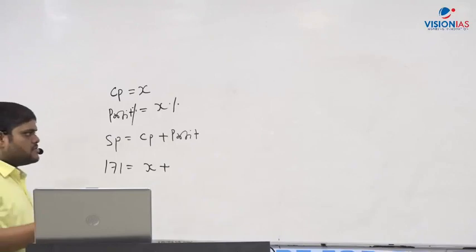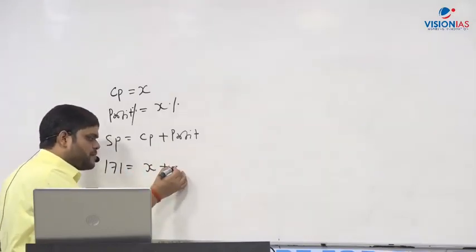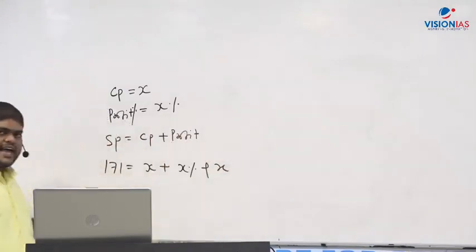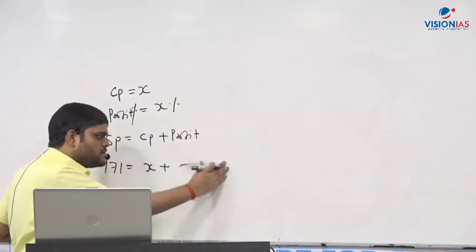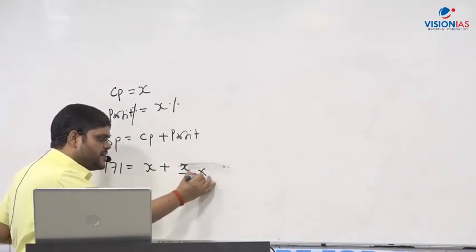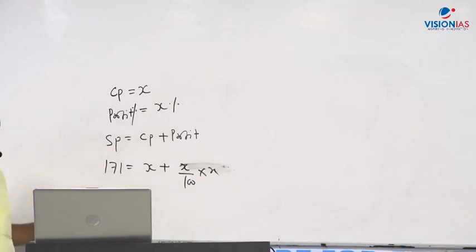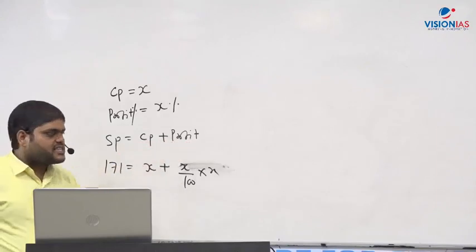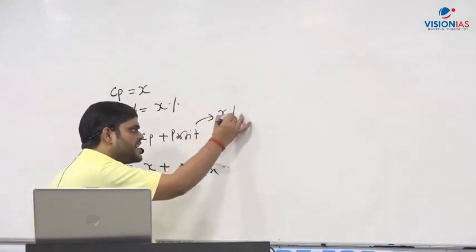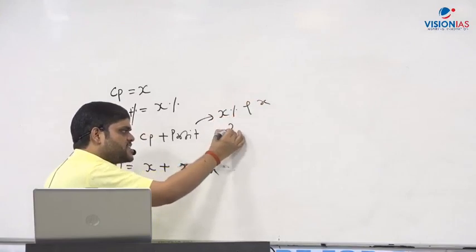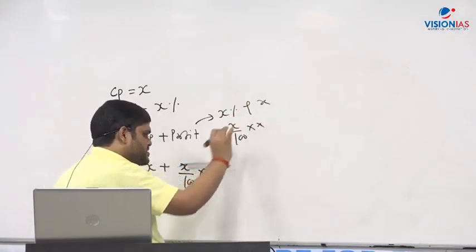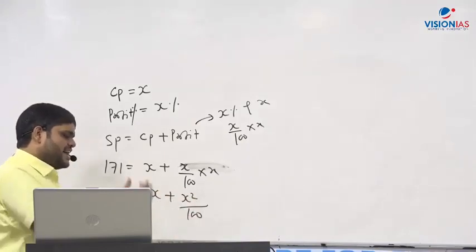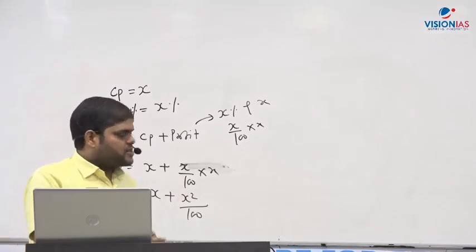So profit becomes X percent of X. X percent of X means X upon 100 into X. Because SP is CP plus profit, and profit is X percent of X, and X percent means X upon 100 into X, and this becomes X plus X square upon 100, and it really gets difficult.